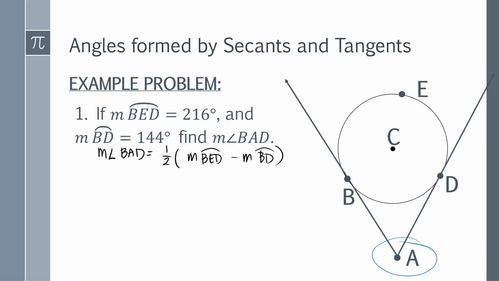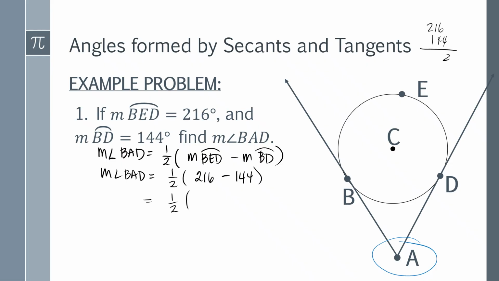There is no measurement given for the angle, but we have BED, so let's have 1/2 times the measure of major arc BED, which is 216, minus the measure of arc BD, 144 degrees. So 1/2 times 216 minus 144.